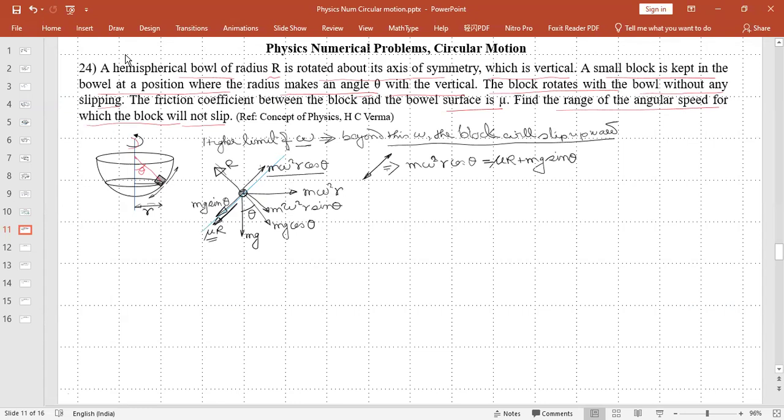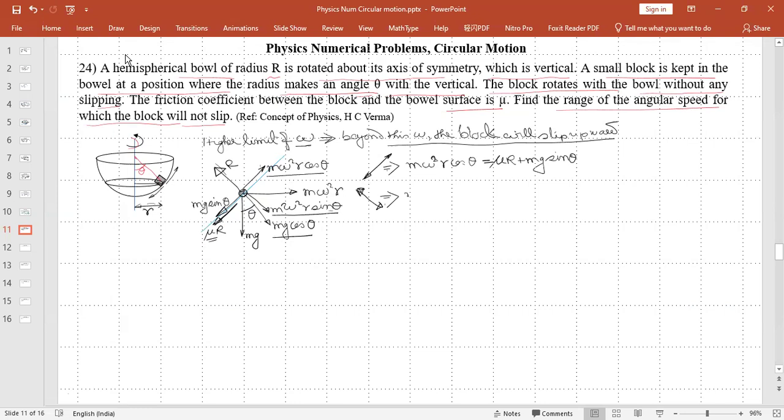Then, with this other symbol, I am now considering the forces along the normal to the slope. When I consider forces along the normal to the slope, I find R is on the normal upward side, and on the downward side there are two forces, m omega square r sin theta and mg cos theta.